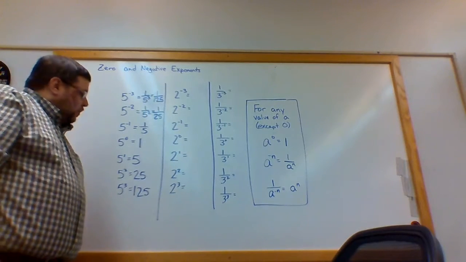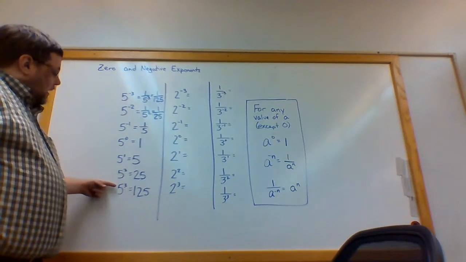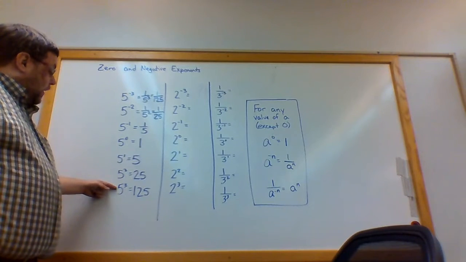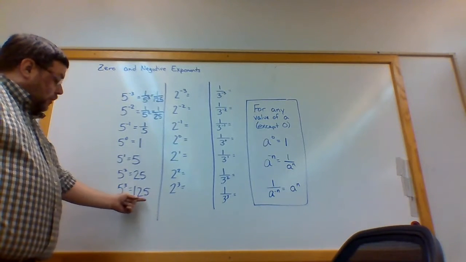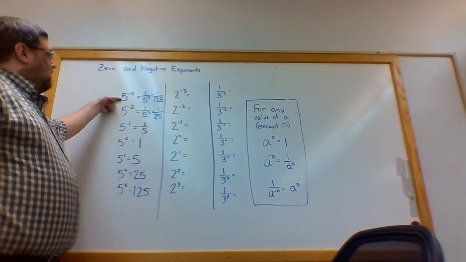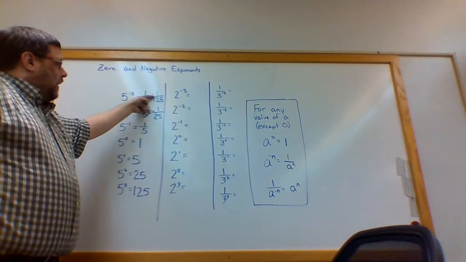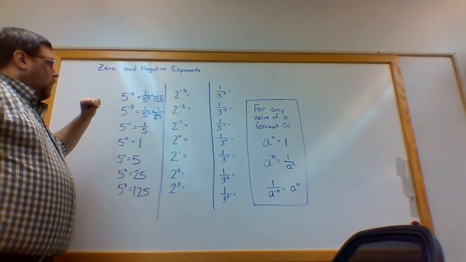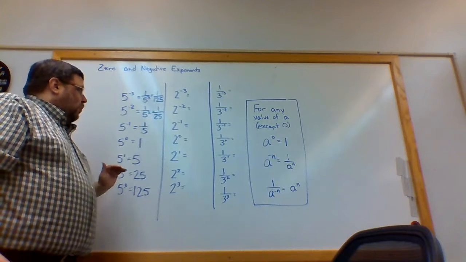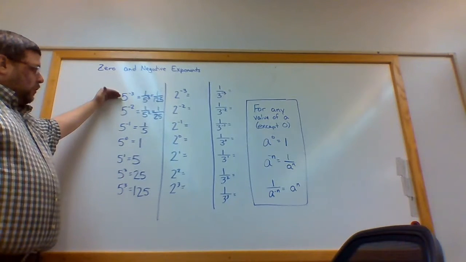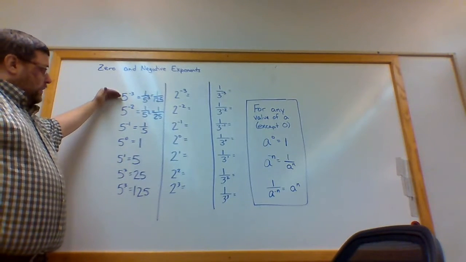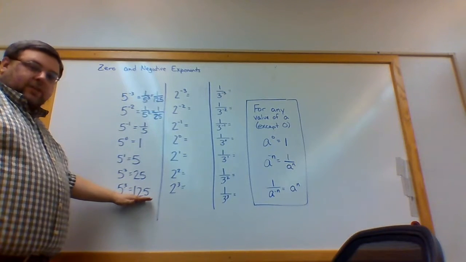So notice there's a relationship between these. As I look at the matching pairs here, 5 to the positive third power is 125. 5 to the negative third power is just 1 divided by that, 1 divided by 125. So the negative exponent basically just created the reciprocal of the positive exponent.